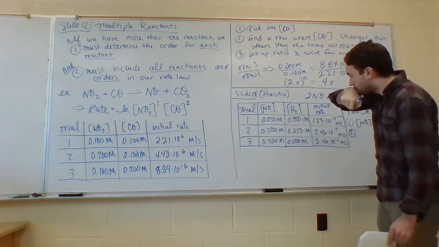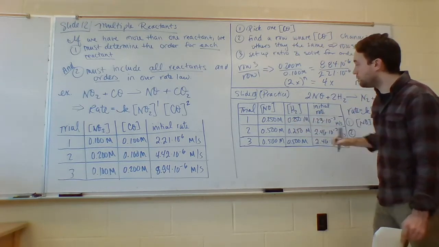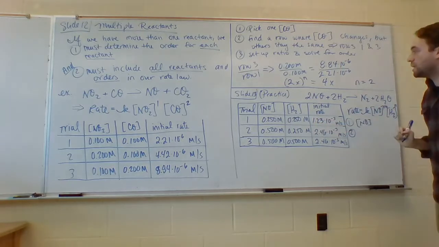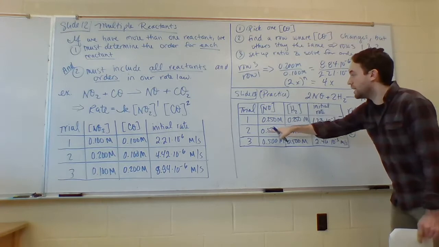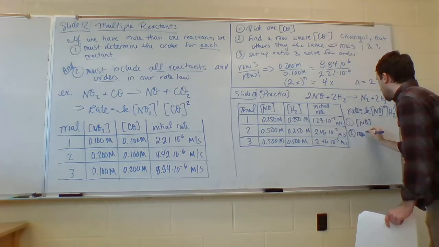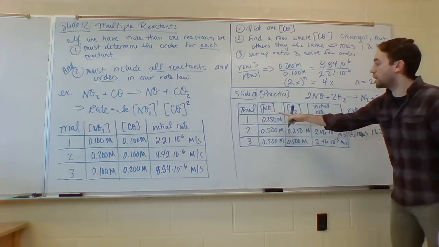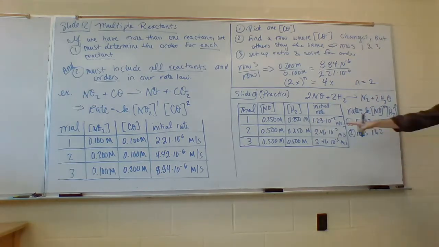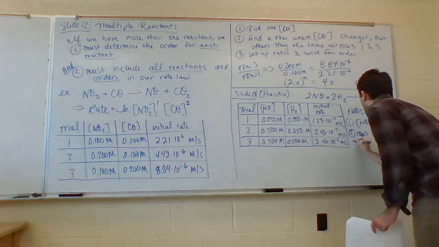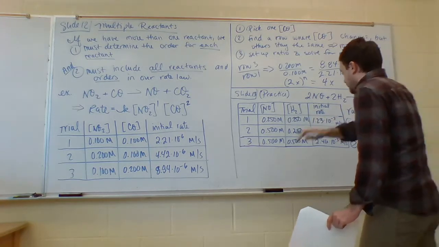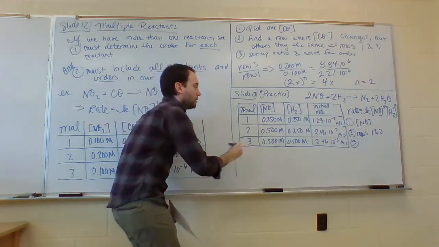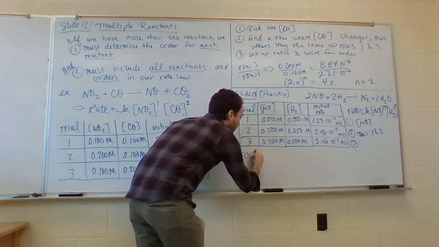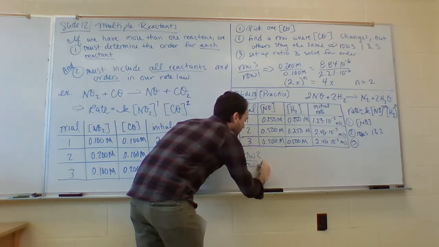Notice that rows 1 and 2 change, and the H2 stays the same. So does that work? Yes. In rows 1 and 2, our concentration of NO changed, but our concentration of the other species stayed the same. So then we're going to build our ratio, and I'll do that below here. Which one's bigger? Row 2, so we're going to put that on top, row 2 over row 1.